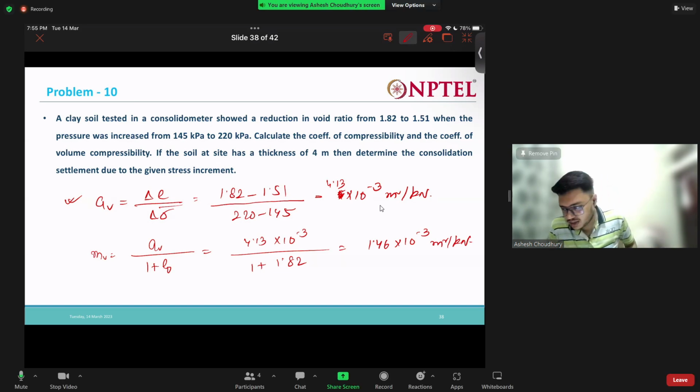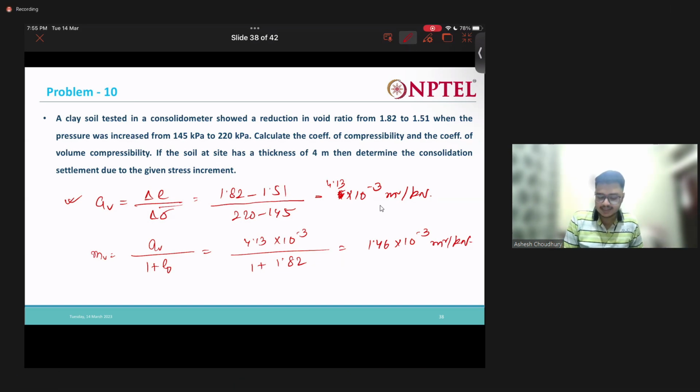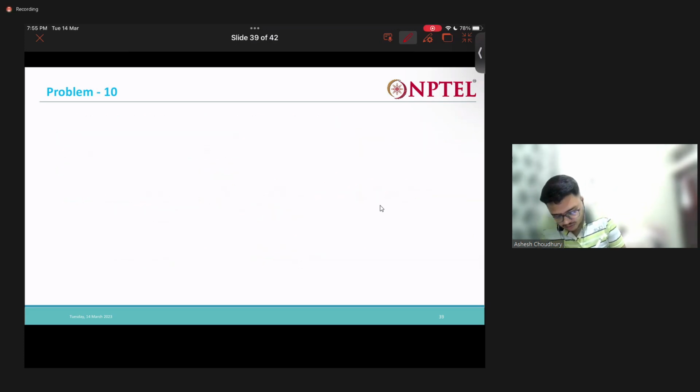Now it has been asked to us, if the soil at the site has a thickness of 4 meter, then determine the consolidation settlement due to the given stress increment. Right. So see, consolidation settlement, as I told you, is nothing but this. What is my AV?